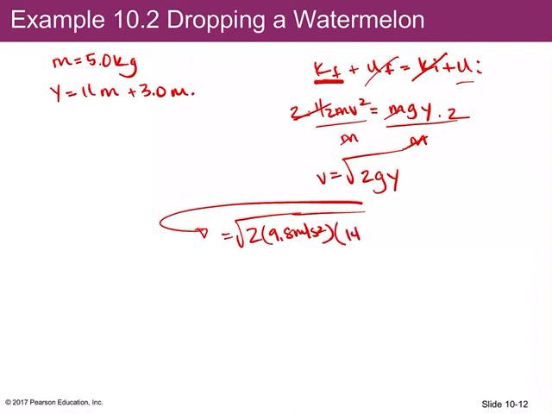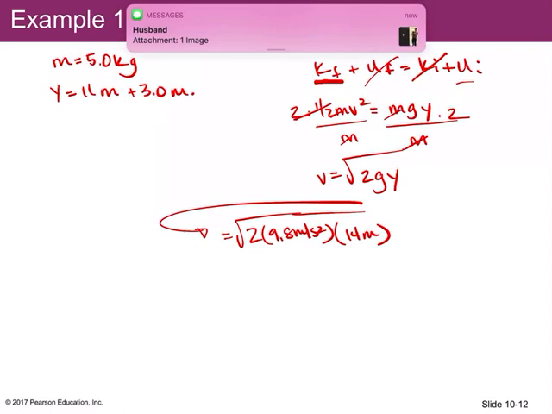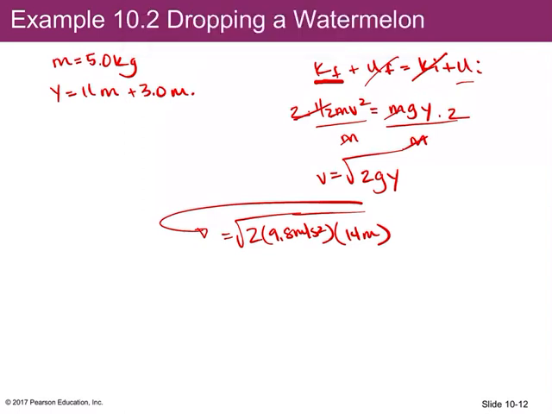So we end up with 14 meters here. Whenever you go to do that, you end up with, I think, 17 meters per second. Might make sure on that. But anyway, you want to make sure that when you're doing these, you're adding all of the heights, okay? Or you're subtracting if that's the case as well.